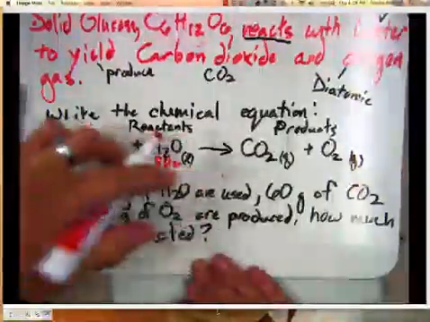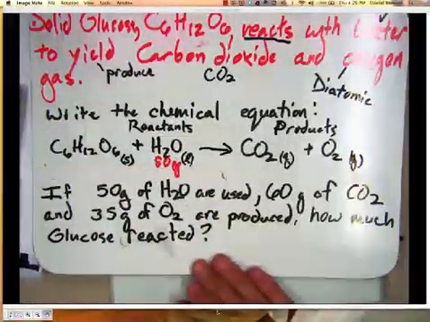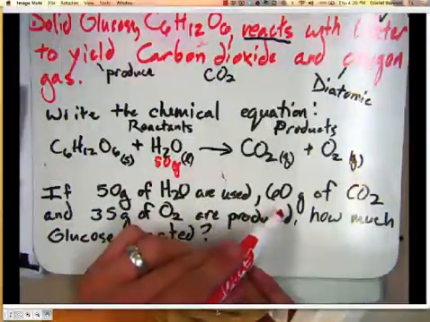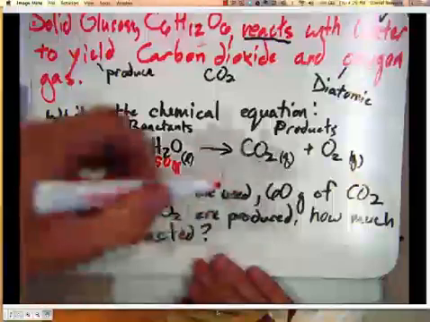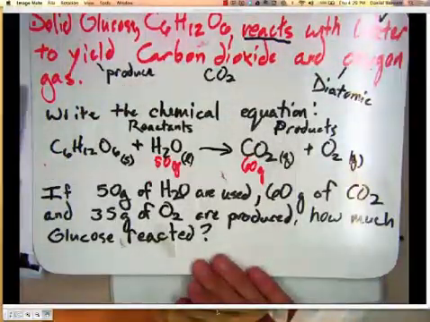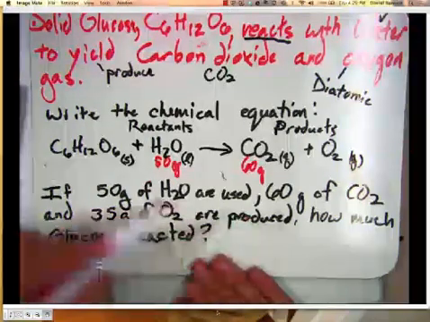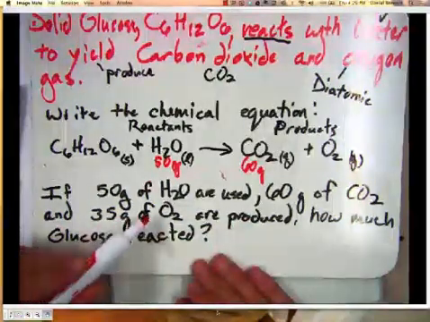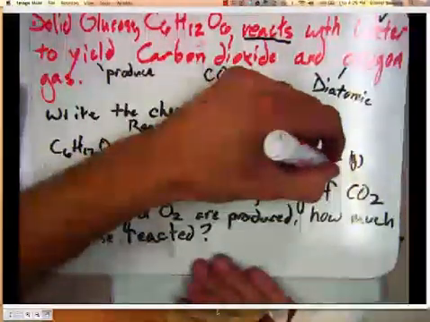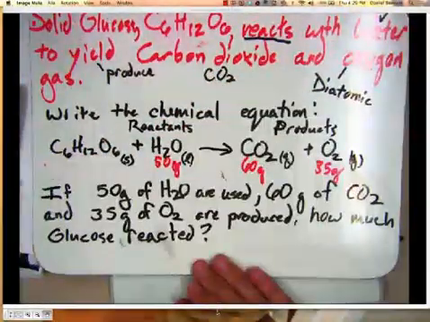Okay, so I put my 50 grams right underneath water. Then I have 60 grams of carbon dioxide. So I find carbon dioxide and I write 60 grams right underneath it. Then it says 35 grams of oxygen. So I go over to oxygen and I write the 35 grams right underneath oxygen.